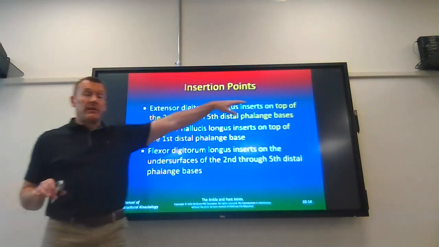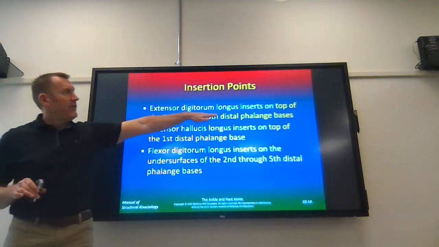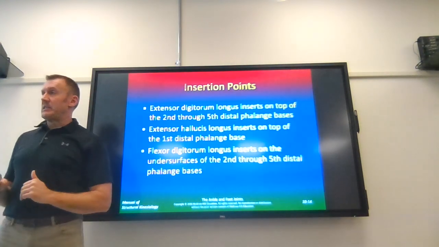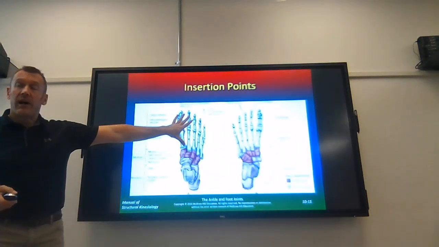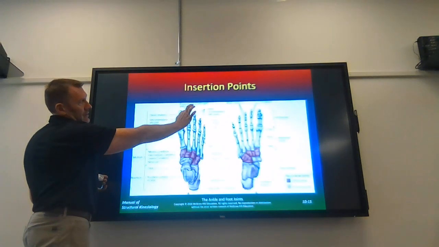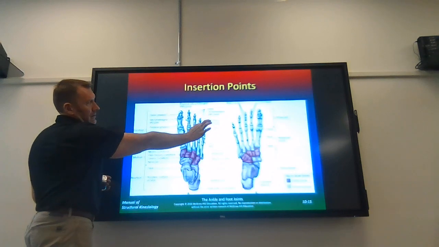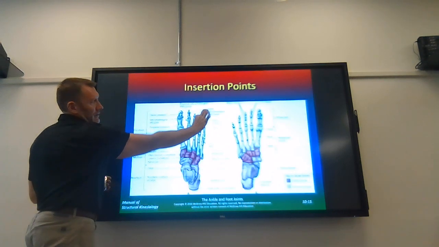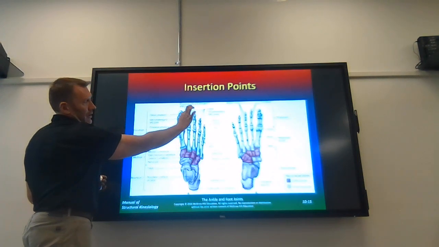So we're going to look at the top of the foot, top of the 2nd through 5th distal phalange bases. So if we go forward, that's going to be right here on top, right here at the distal phalange bases. So that distal segment is going to be right on the base of the 5th, 4th, 3rd, and 2nd.